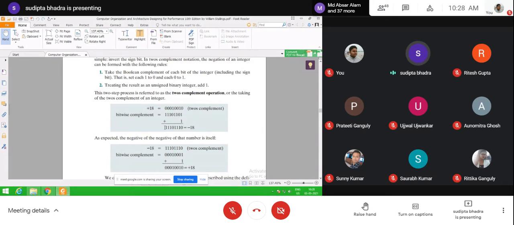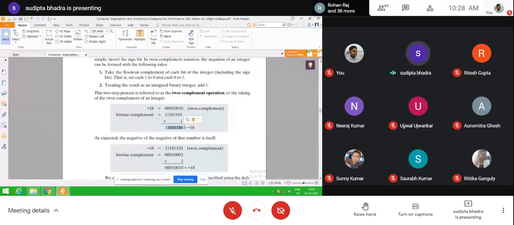Here the 7th bit is 1, that means minus 128, and the rest, the 0th bit to the 6th bit, give us a particular value. If we calculate this, it gives plus 110.